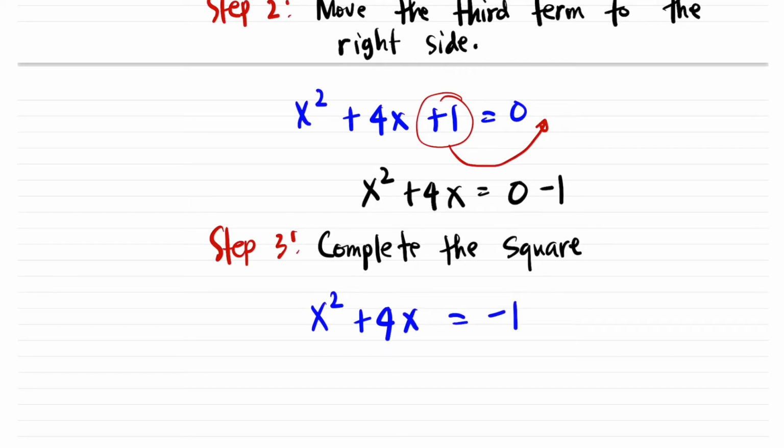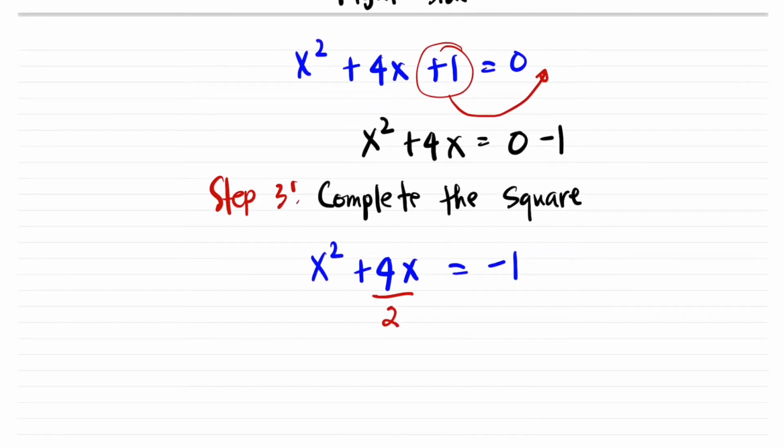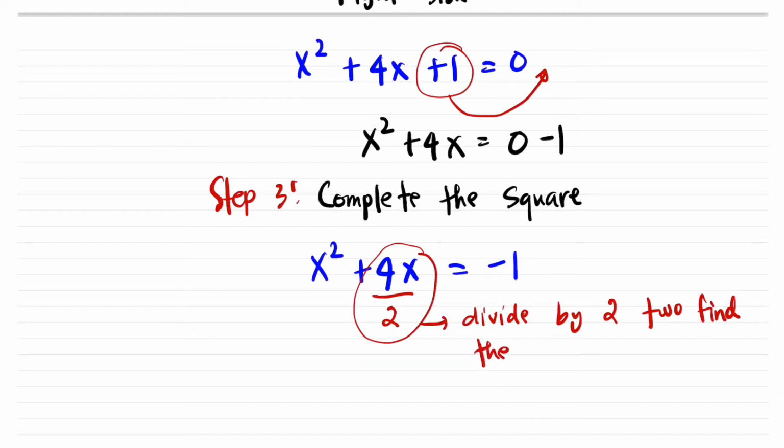What you do is divide the middle term by 2. That's the rule for completing the square. Divide the middle term by 2, this one here, to find the new third term of the equation.